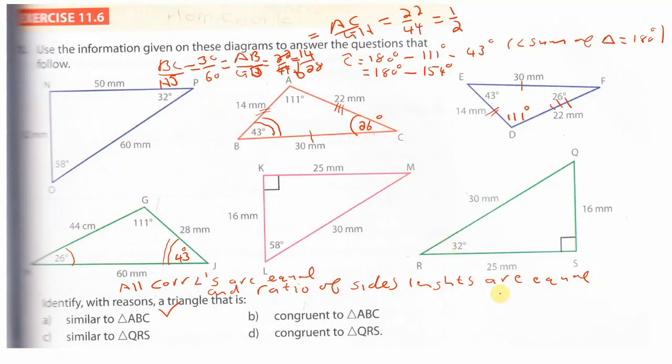So therefore we can definitely say that triangle EDF is the one that's congruent. It's just right here, the one similar was GHJ, as already shown. So EDF is congruent.